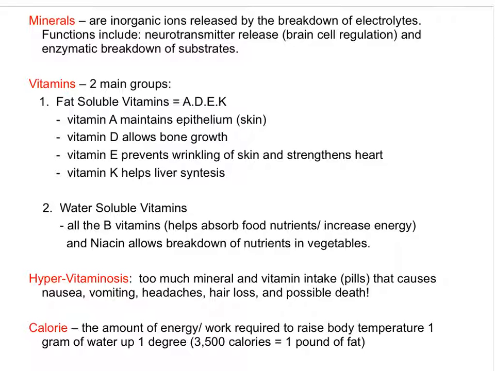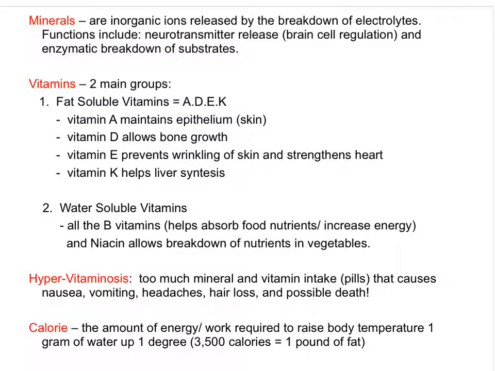The fat-soluble vitamins include vitamin A, D, E, and K. Vitamin A maintains your skin, the epithelium. Vitamin D allows bone growth, but more than that, it also has immune defense system activities and also almost acts as a hormone now, the new research shows. Vitamin E prevents wrinkling of skin and strengthens the heart, and vitamin K helps liver synthesis.